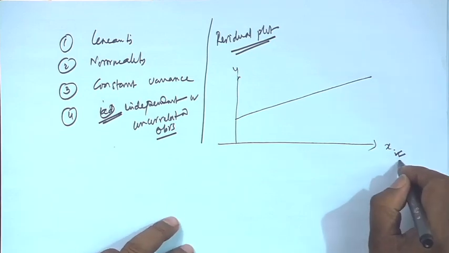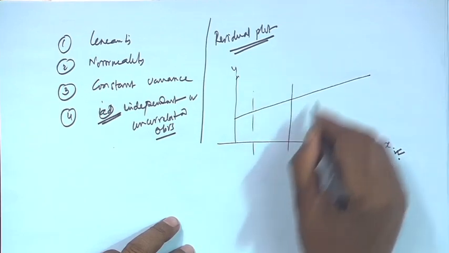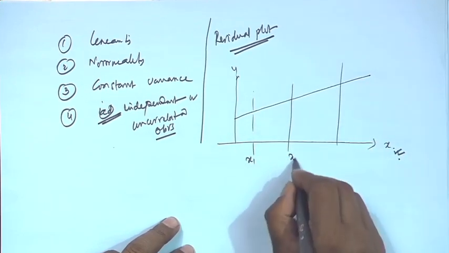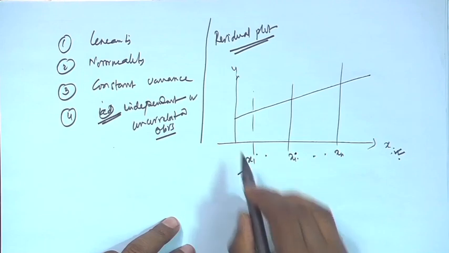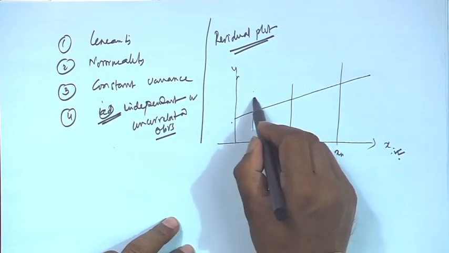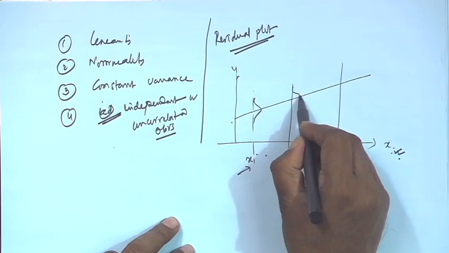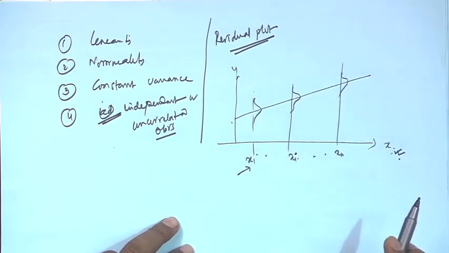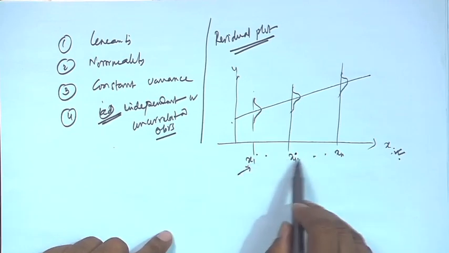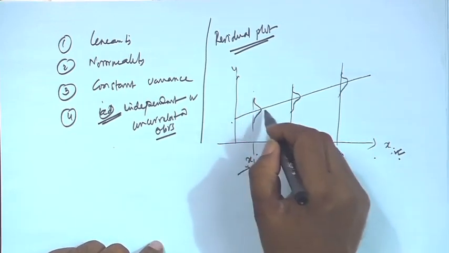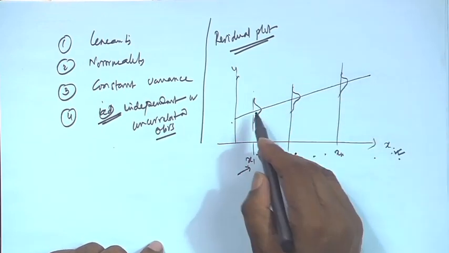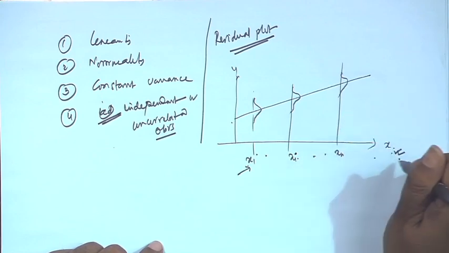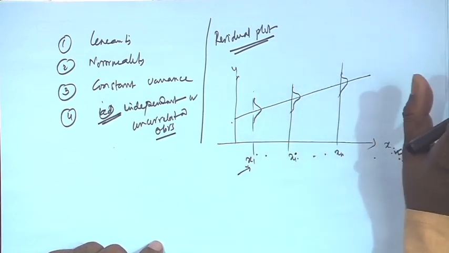For every fixed observation, suppose this is x1, this is xi and this is xn, if I keep x at x1 and do the experiment several times, I may get a y distribution like this, and like this here. The assumption is that irrespective of your x value, the y variability across x will be the same, a constant variance across x. This is known as homoscedasticity.